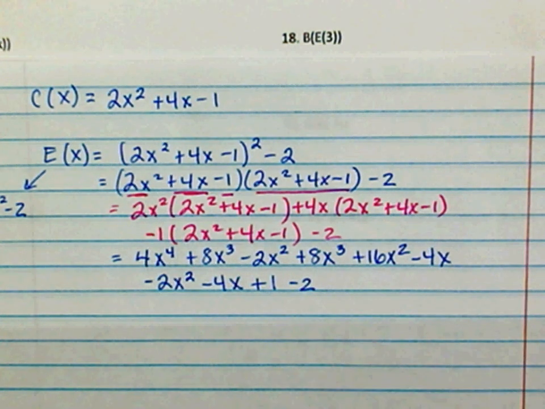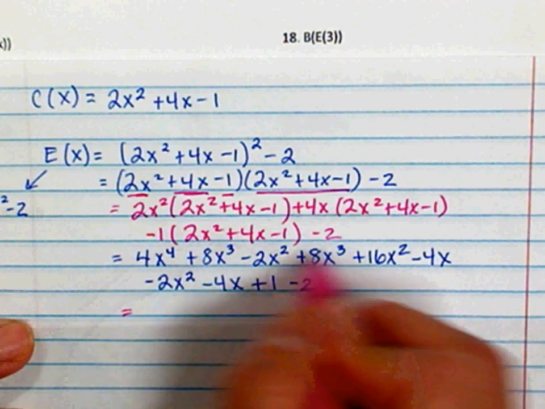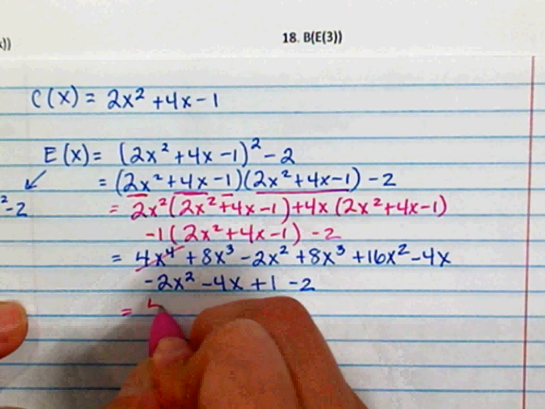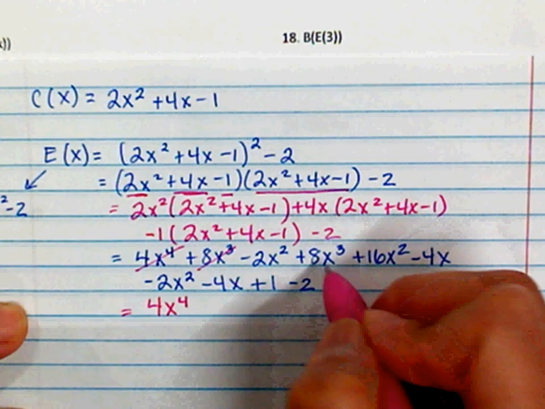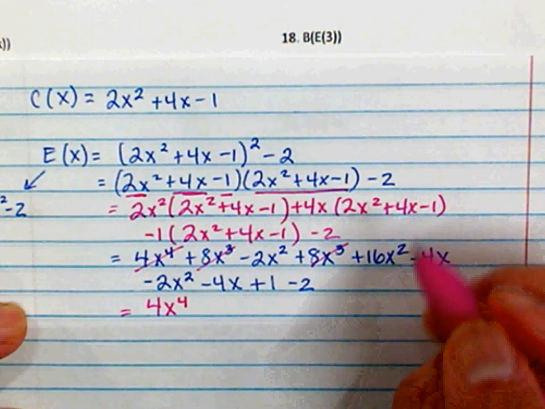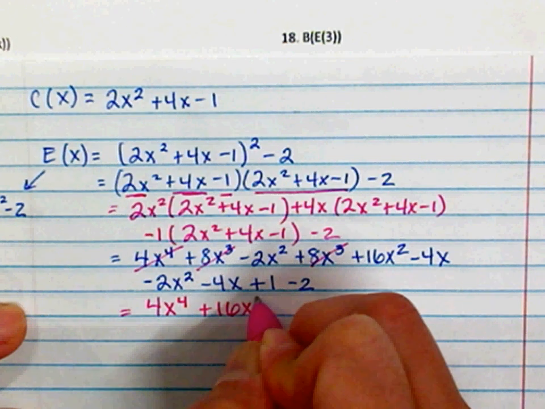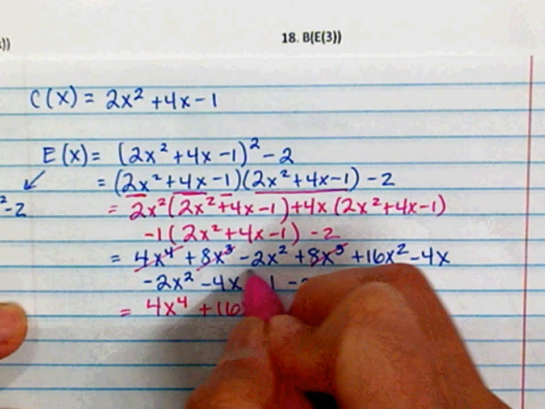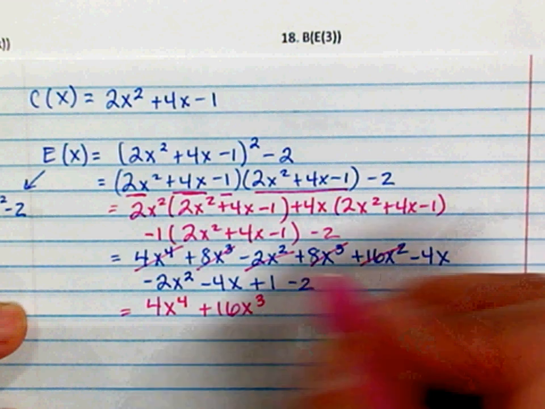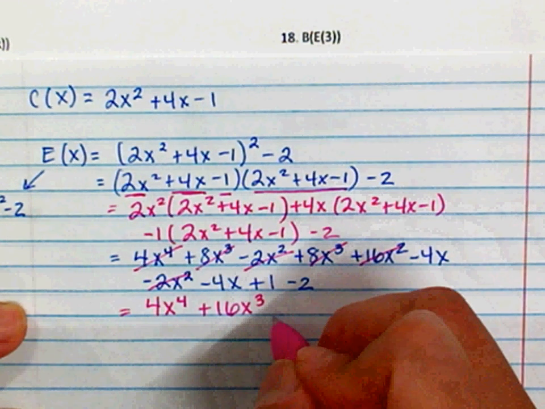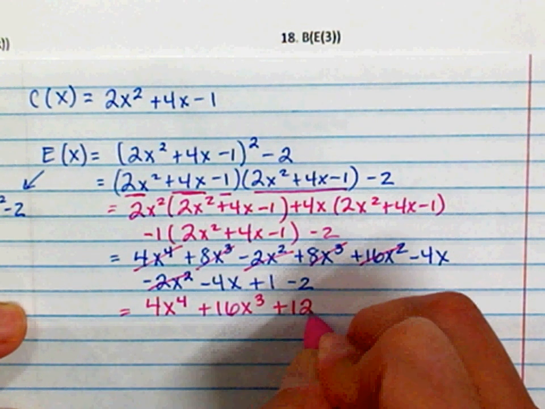Combine your like terms. You got rid of all your parentheses. X to the 4th. 8x to the 3rd plus 8x to the 3rd is positive 16x to the 3rd, or cube. Negative 2x squared plus 16x squared is 14x squared. Minus 2x squared is positive 12x squared.